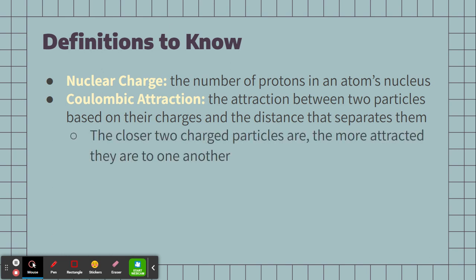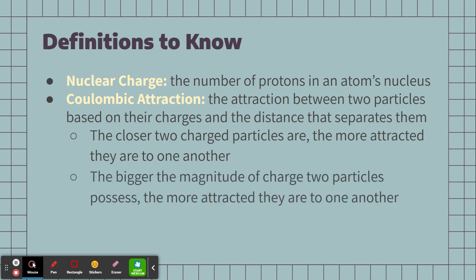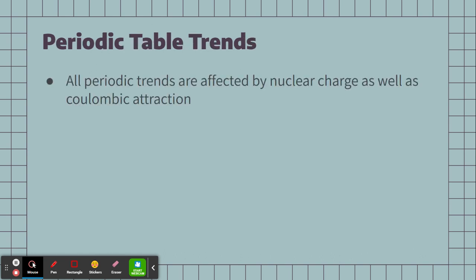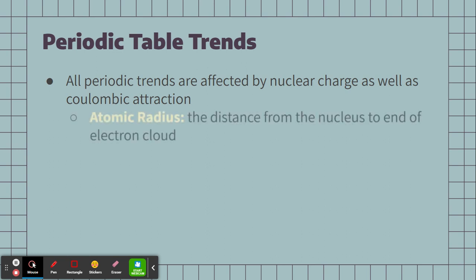The closer two charged particles are, the more attracted they are to one another. The bigger the magnitude of charge for the two particles, the more the Coulombic attraction those two particles have for one another. All periodic trends are affected by nuclear charge as well as Coulombic attraction.